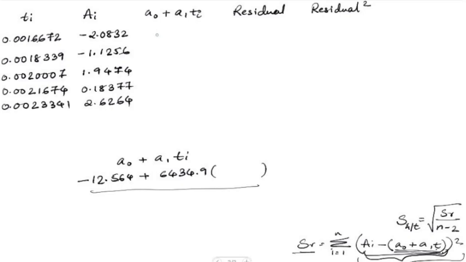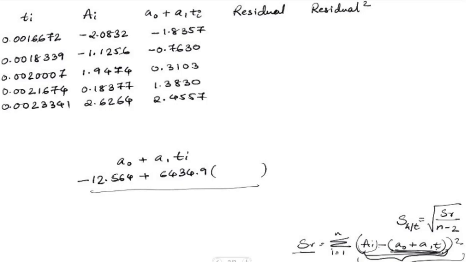So we'll have here minus 1.8357, and then we have minus 0.7630, and then we'll have 0.3103 and 1.3830, and the last one is 2.4557.